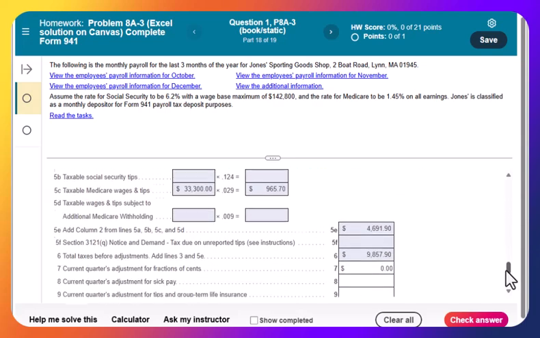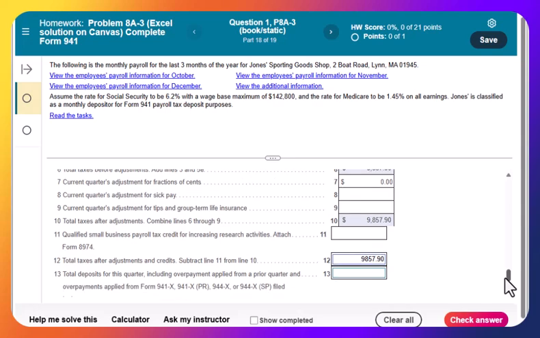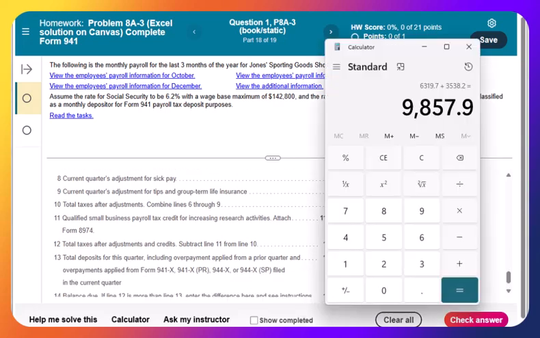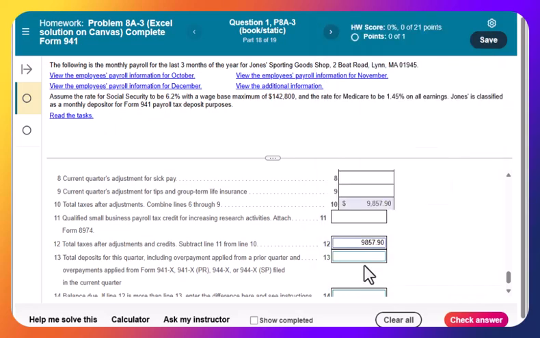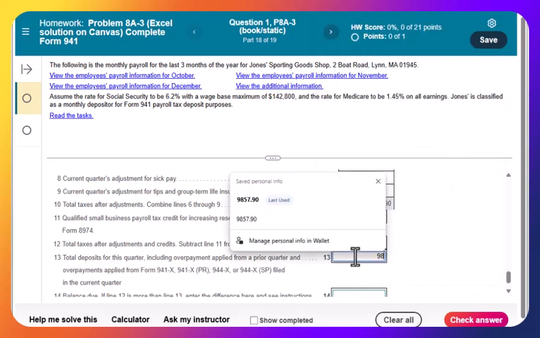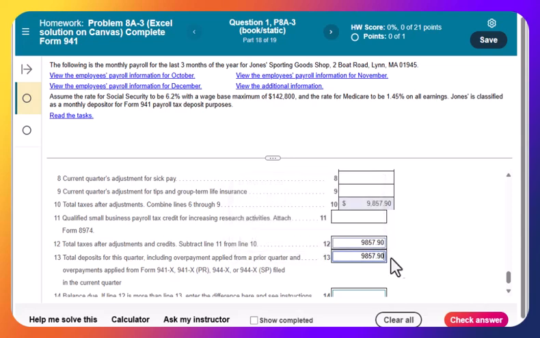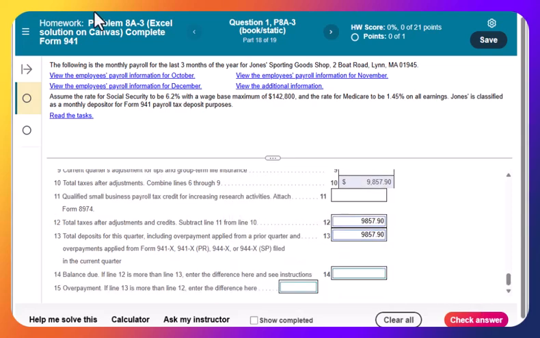So let's go ahead and scroll back to line 13, and again get our number here, the $9,857.90, and that is our total 941 deposits for the quarter. Okay, so then line 14 is balance due.